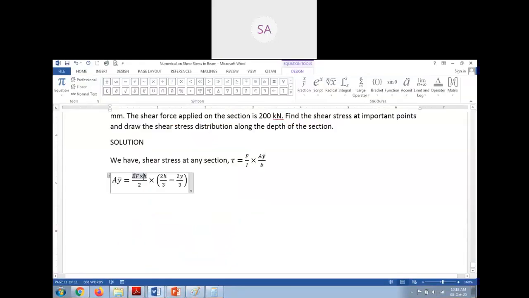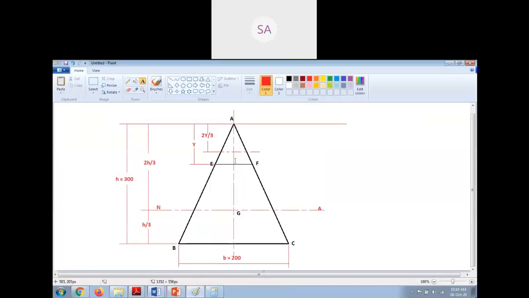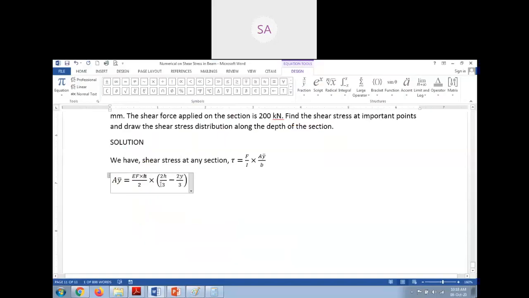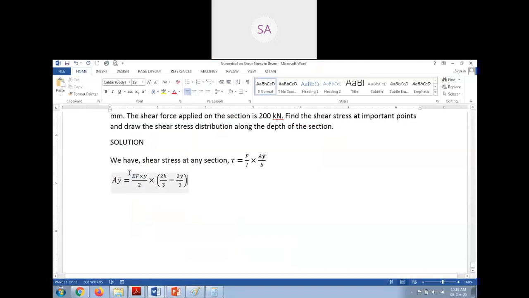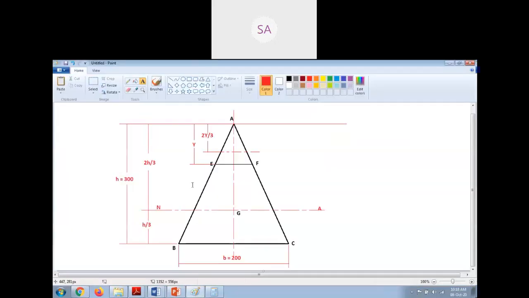So it is EF into H, and H for this small triangle is actually Y, right? So I'll put that as Y. Now our next step is to find this EF. Let me go back to this section. See, mostly here it is the geometry, right? So you have to use similar triangles and center of gravity equations and all this.